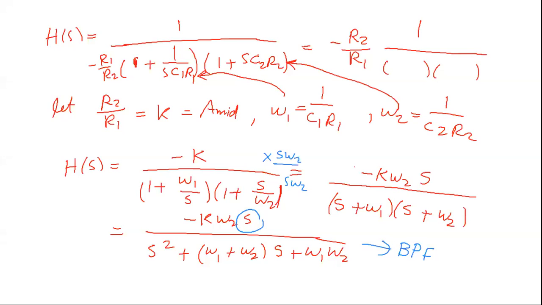And the next part was to find, if we have R1 equals 10K, how much is C1, C2, and R2? Okay, so let me clear this.